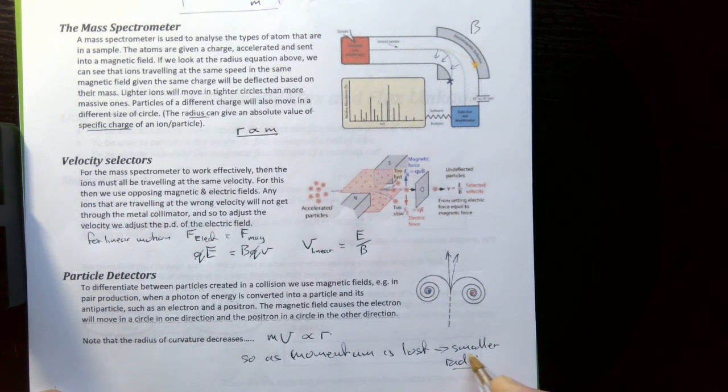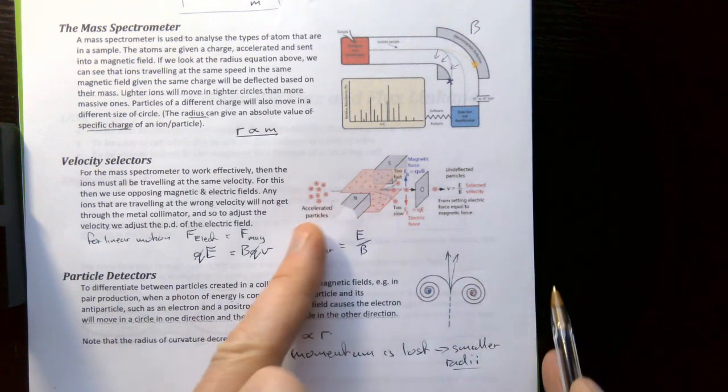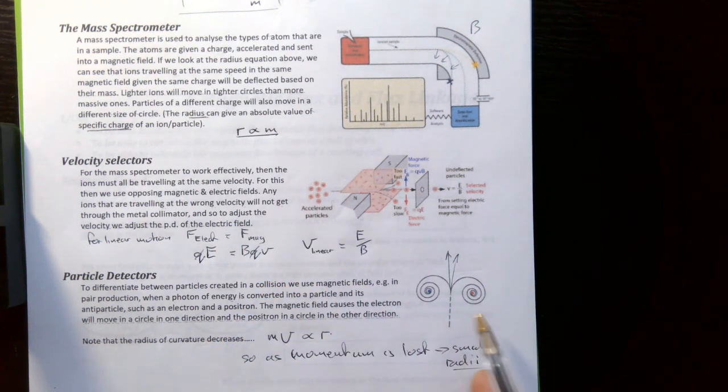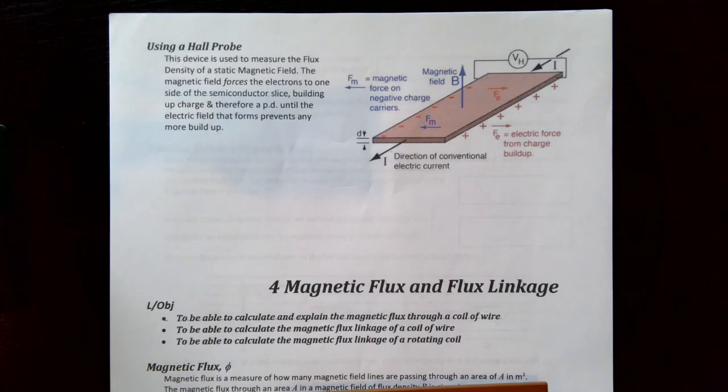So you get smaller radii. If you have a large momentum, you can have a large radius. So the size of those circles literally will tell you the charge to mass ratio. They will literally tell you how massive the particles are.